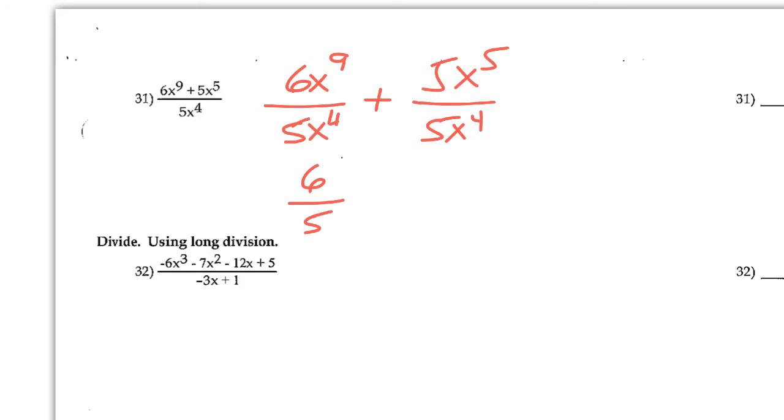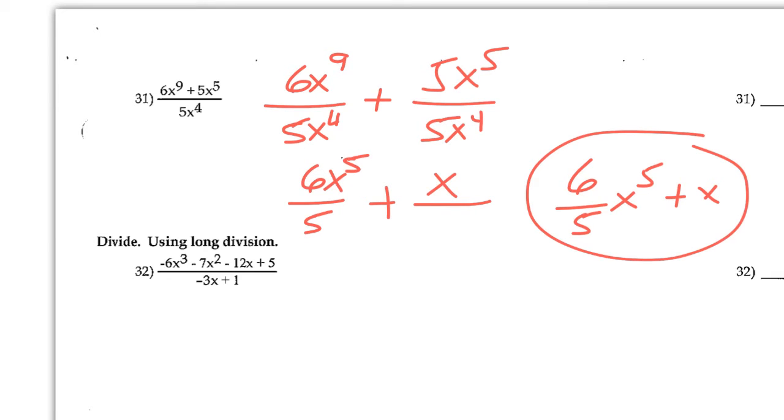And x to the 9th on top of x to the 4th would leave us x to the 5th on top. And 5 over 5 is 1. And x to the 5th over x to the 4th would be x on top. So one might just say 6/5 x to the 5th plus an x, if you so chose to do it that way.